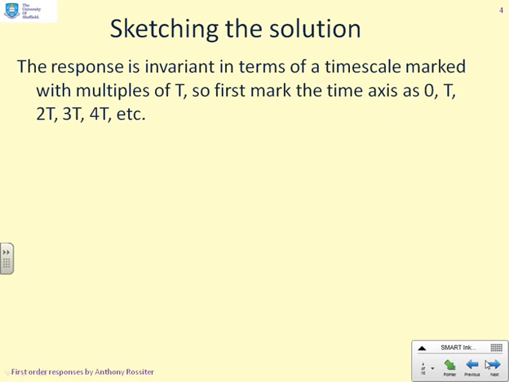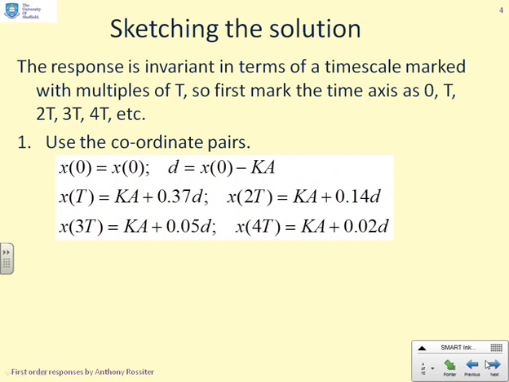So here we go. We're going to do the sketch, and we note, as we did in the previous videos, that the response is invariant if you mark the horizontal axis in terms of capital T, so as 0, T, 2T, 3T, 4T, and then all the derivations we've done follow. So we use the coordinate pairs that we've just derived. The initial condition is the initial condition, fine, but then we calculate this value d, which is the distance between the initial condition and the steady state.